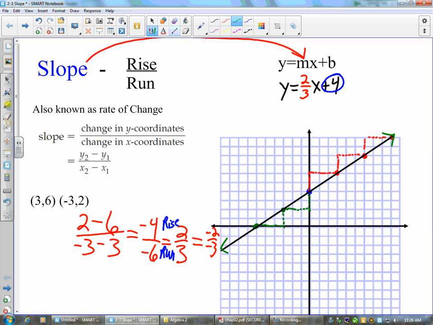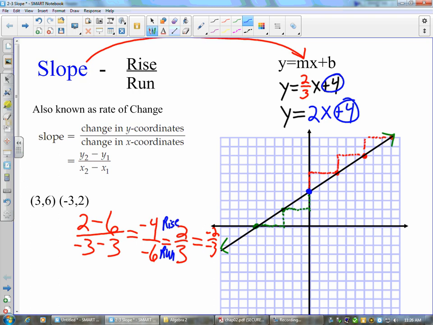So what happens if my slope isn't a fraction? What if it's not two numbers, one over the other? What if I have an equation such as y equals 2x plus 4? So if the slope is 2, I'm still going to start out at this plus 4, my starting point.